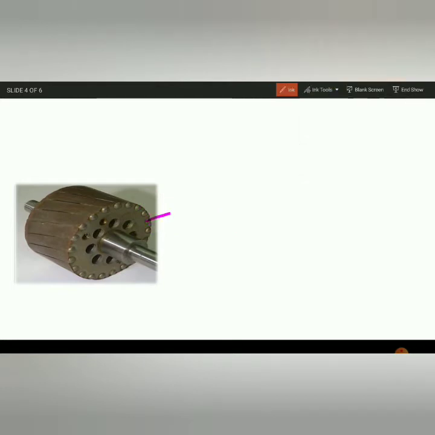This is called copper bars. Let's say I start from this point and connect here, here, and here. Like this we connect the copper bars. After connecting, this is the starting point and this is the ending point.